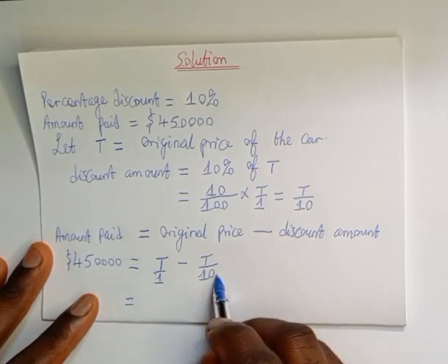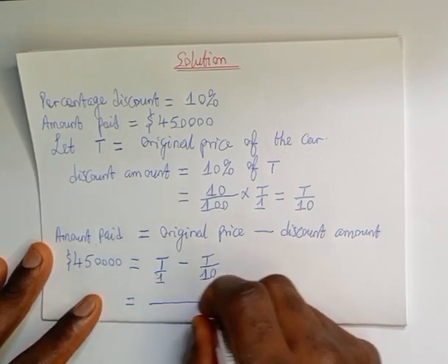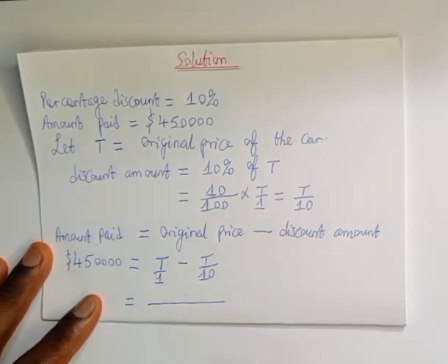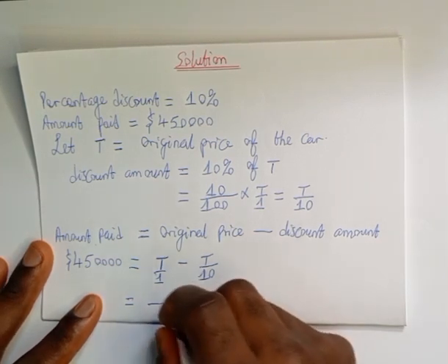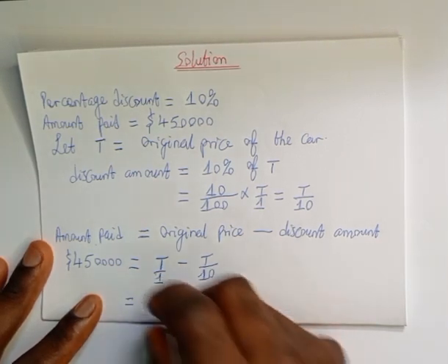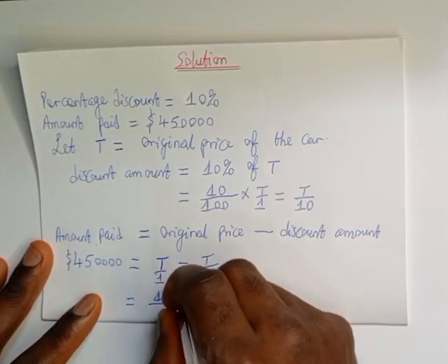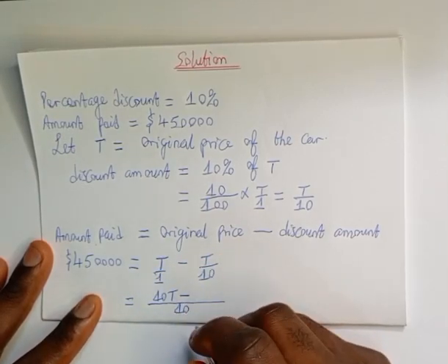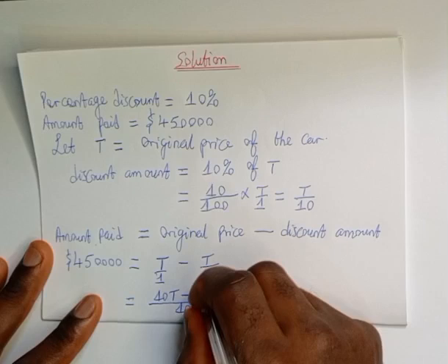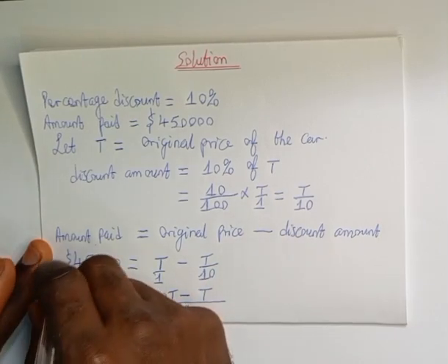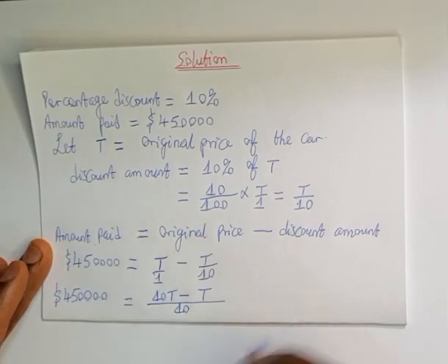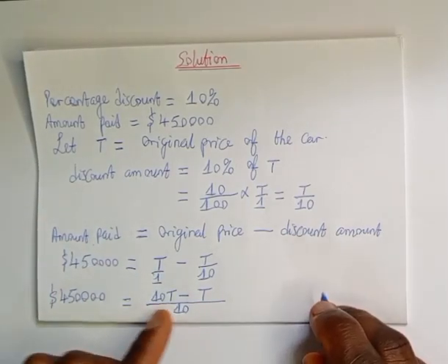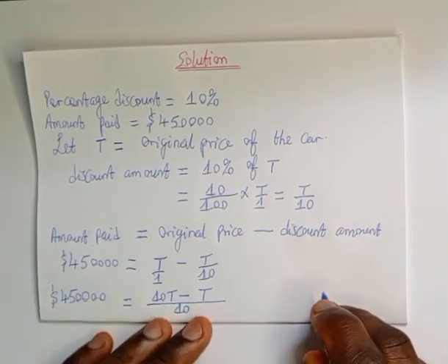At the right hand side, we have an algebraic fraction of which the LCM of their denominators is 10. 10 divided by 1 gives 10 times T, 10T, minus 10 divided by 10 gives 1 times T, gives us T. We have $450,000 is equal to 10T minus T all over 10.